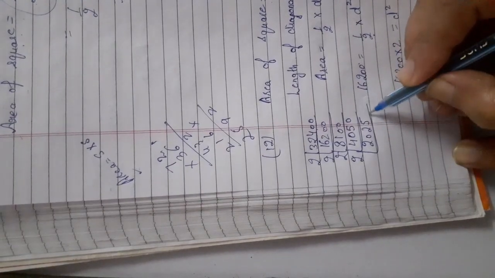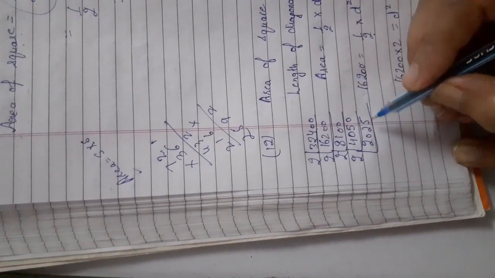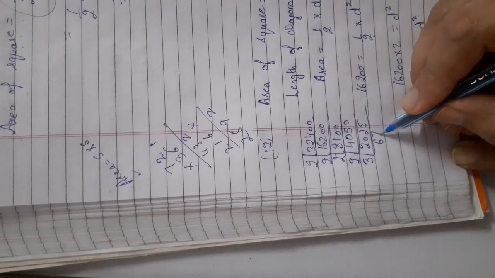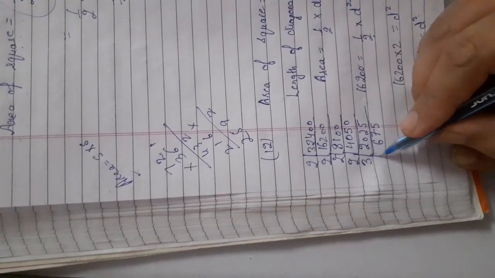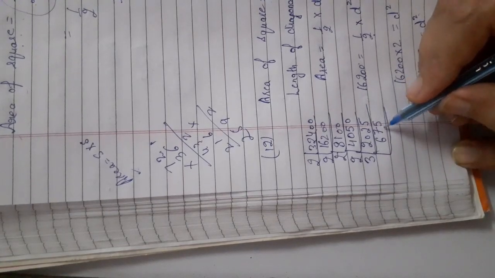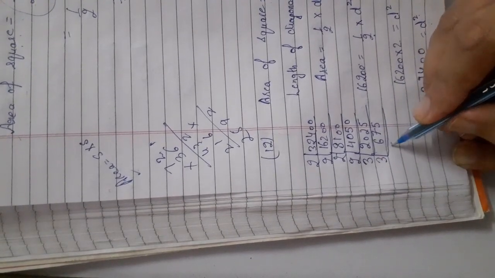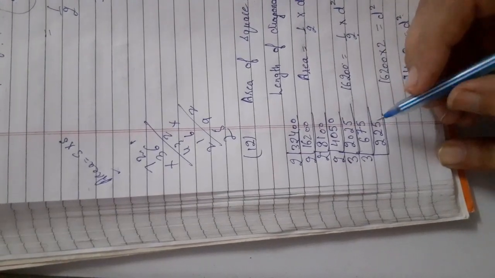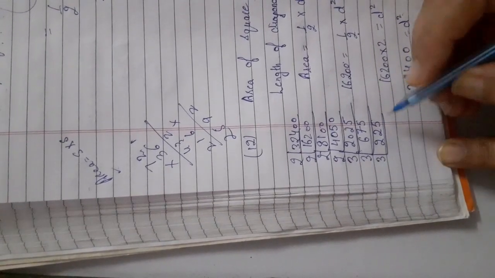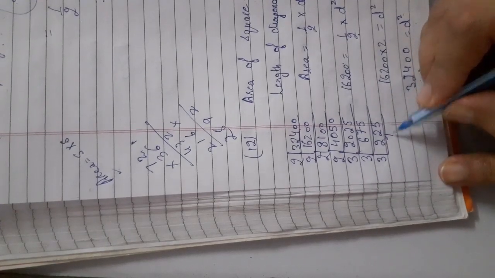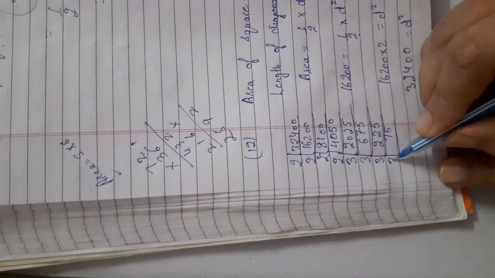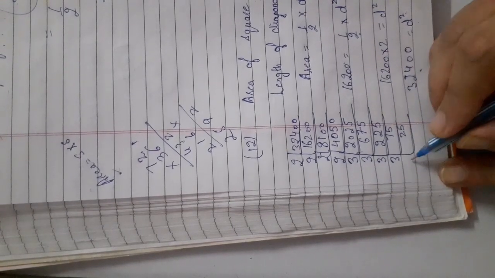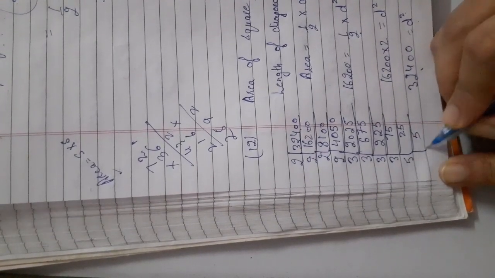Now this will not go on to 2, so 3 3s are 9, 3 6s are 18, 3 5s are 15, and 5 5s are 25.